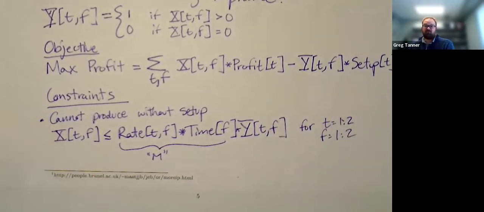Okay, so there's going to be actually 4 copies of that constraint, one for each of our X, Y variable pairs. Okay, so that's cannot produce without putting in the setup.